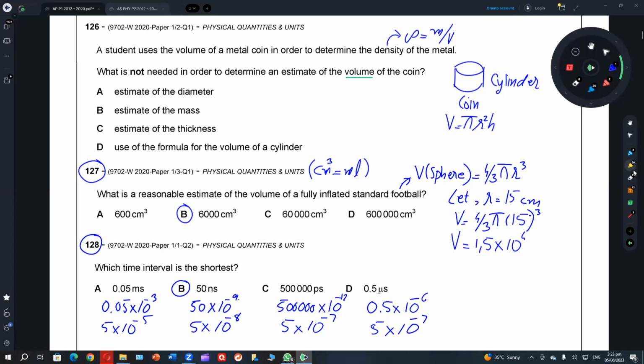So the diameter will be needed. Thickness will be considered as height. The formula will be used. This will be needed. Volume. Then this is the only one thing which is not required.